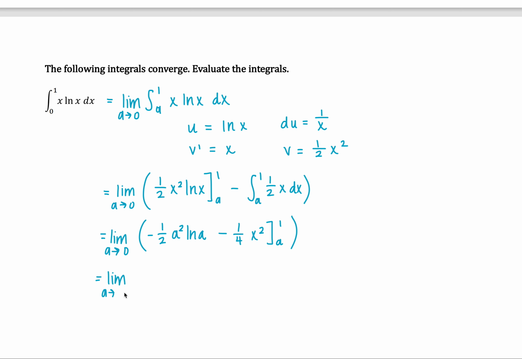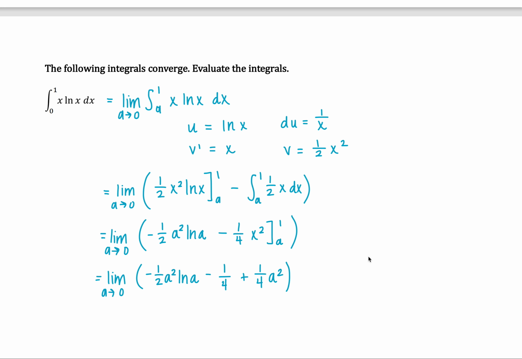So one more time, the limit as a goes to 0 of negative 1/2 a squared times the natural log of a, minus, I've got 1/4 times 1 squared, well that's just 1/4, so it's going to be minus a 1/4, and it's going to be then minus 1/4 a squared, but since I have the negative in front, negative and a negative make a plus 1/4 a squared.